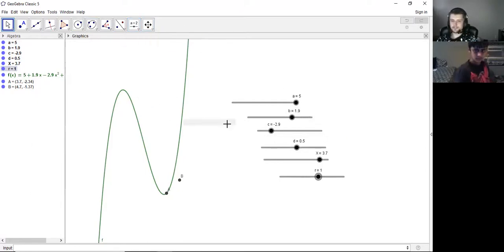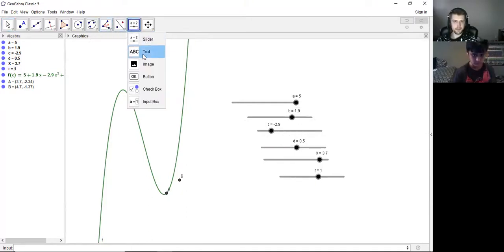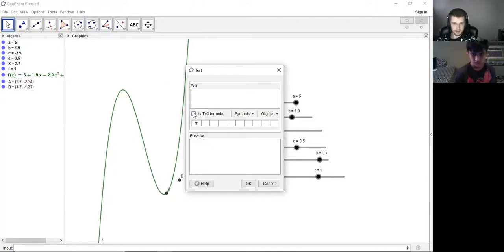So this is our function. Let's talk about what points we have. We have the point big X comma f of big X, right?